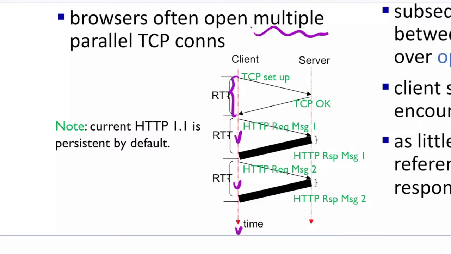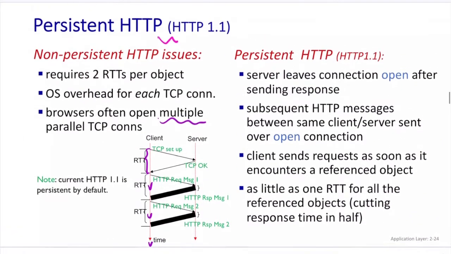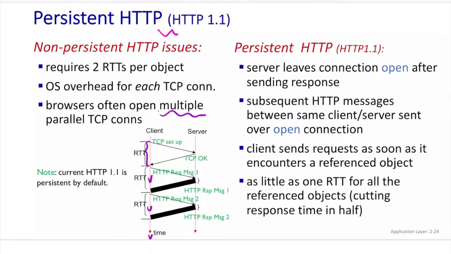I think it is quite clear if you take a look at this figure, right? On the right hand side, that is persistent, okay? Because the server leaves the connection open after sending the response. So subsequent HTTP messages between the same client and server will use this open connection.